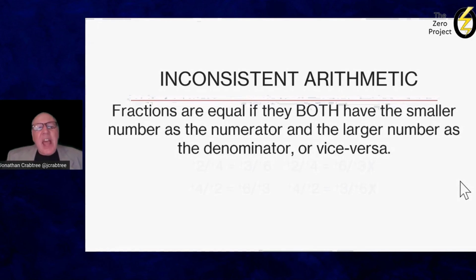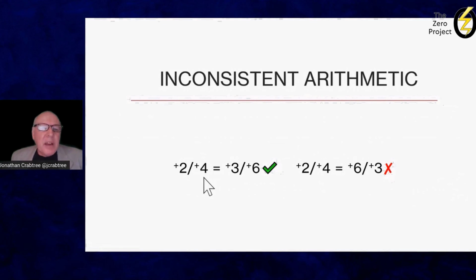Consider fractions. They are equal if they both have the smaller number as the numerator and the larger number as the denominator, or vice versa. +2 divided by +4 equals +3 divided by +6, but +2 divided by +4 doesn't equal +6 divided by +3.